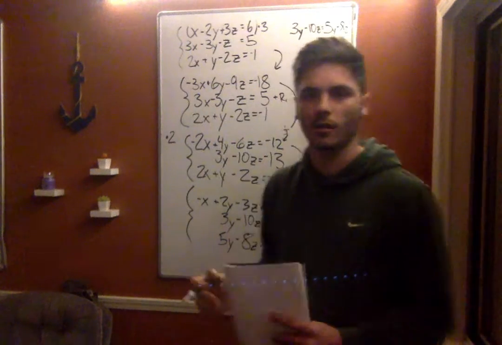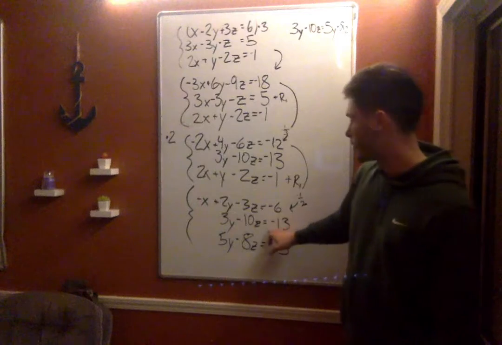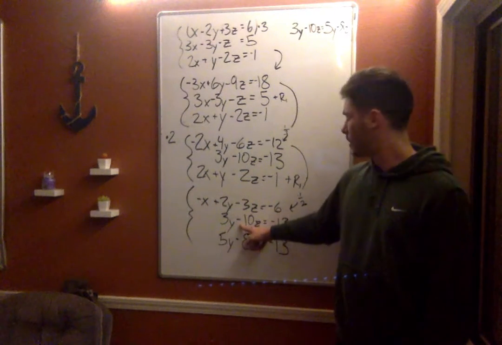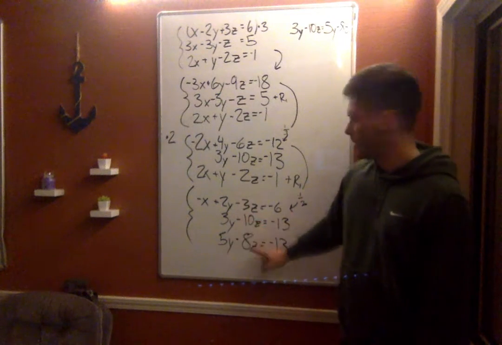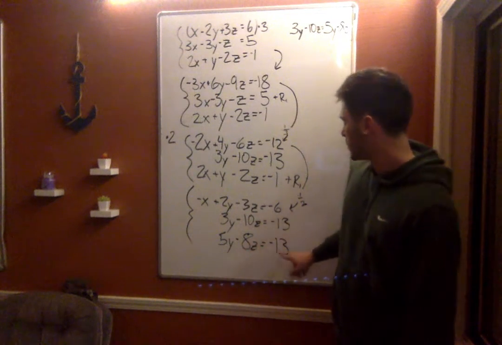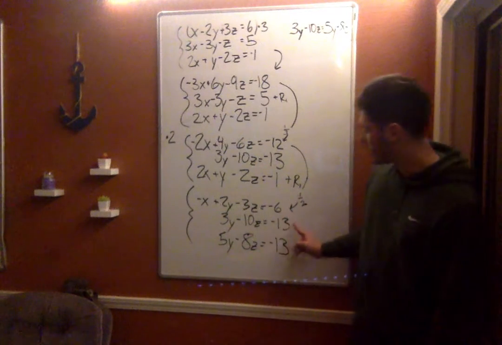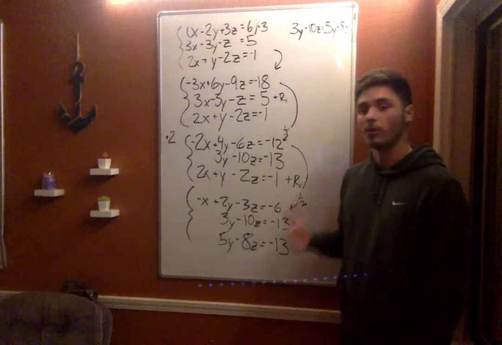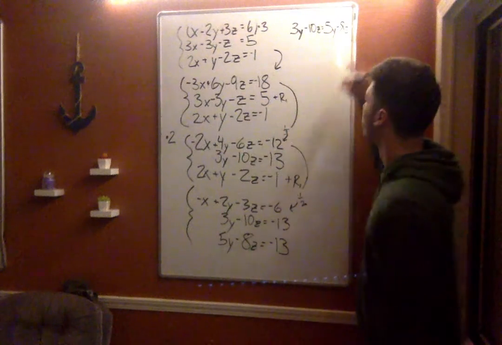This is like saying, if this is negative 13 on this side, since we have an equal sign, we know that this is going to equal negative 13 as well. And same thing with this bottom one. Since this is negative 13, there's an equal sign, this equals negative 13 as well. And if these both equal the same thing, then we can very easily and mathematically correctly set these two equations equal to each other. And that's what I'm doing up here.